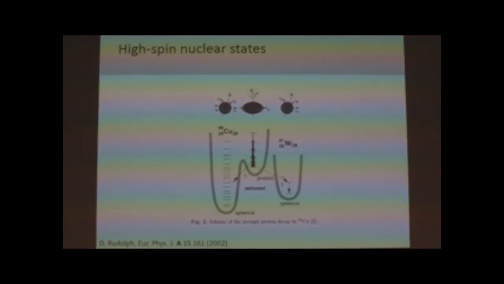Here is an example from 2002 of states that they studied in copper. Here are the states for normal copper, which is fairly close to being spherical. But when you get this high rotation, you're generating states which are beginning to be deformed, and when they get deformed, they find a band edge.